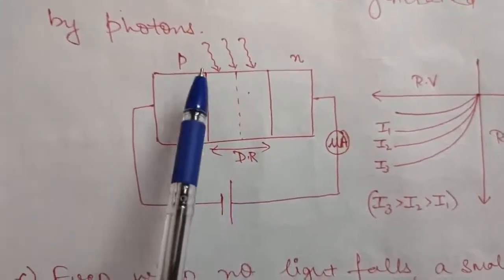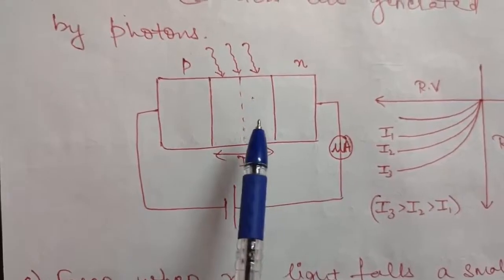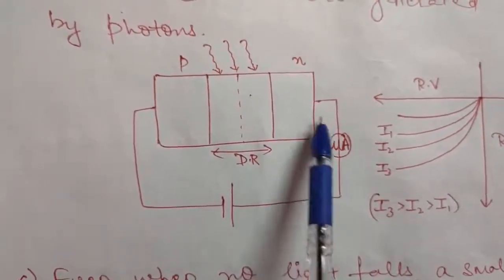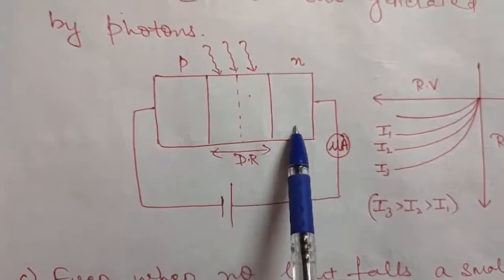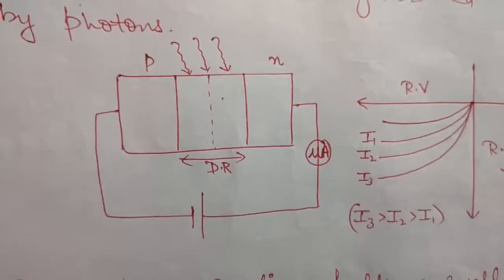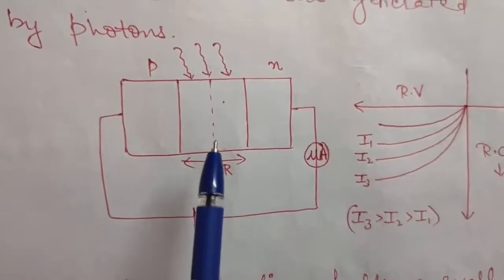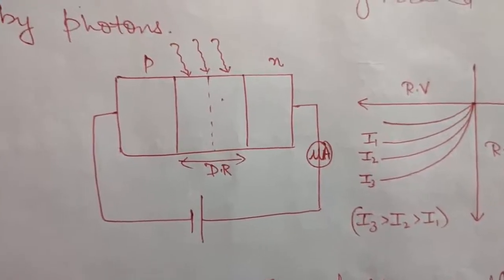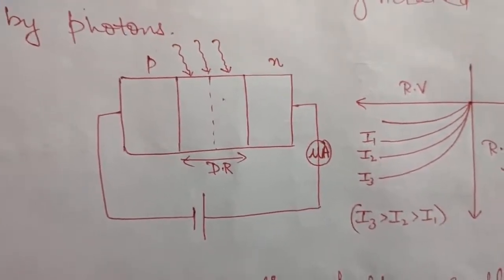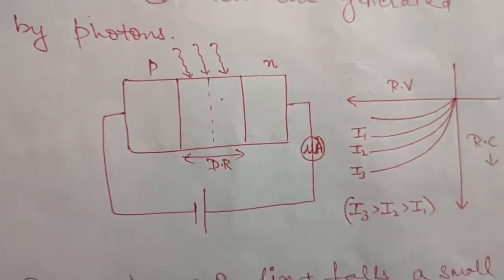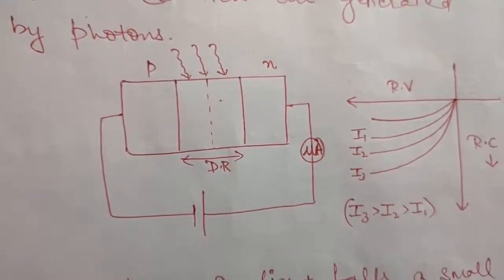So as soon as electron hole pairs are generated in the depletion region due to this light, because of the positive terminal connected to N, electrons will move to N type and holes will move to P type. That means minority charge carriers are flowing, because electrons going into N means minority charge carriers are flowing towards N, right? So that means a reverse current is generated.